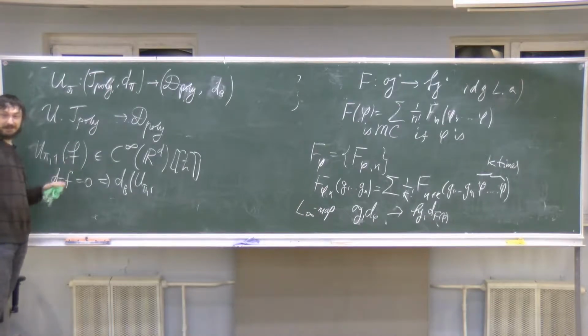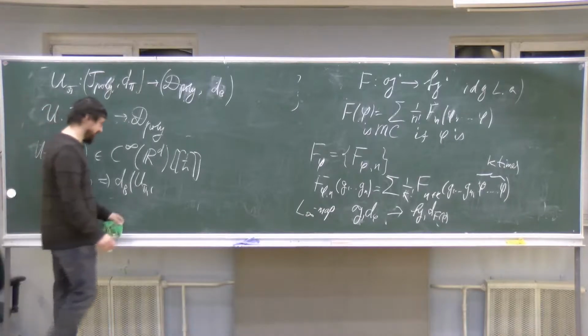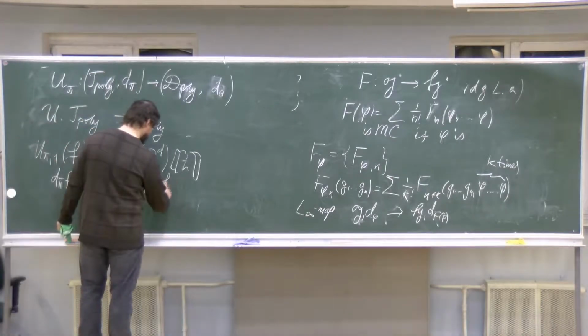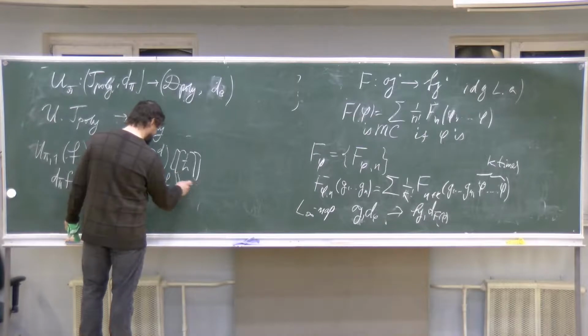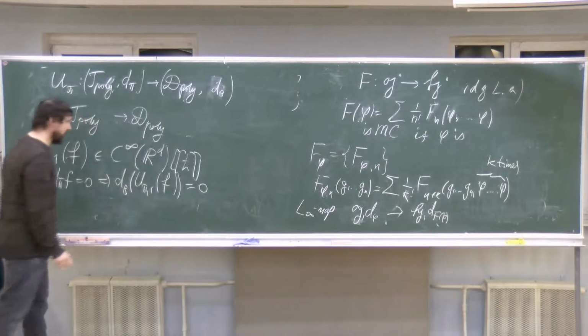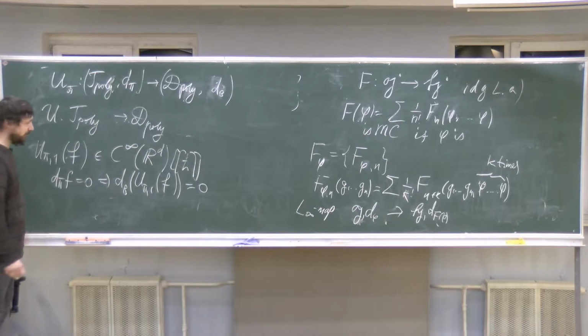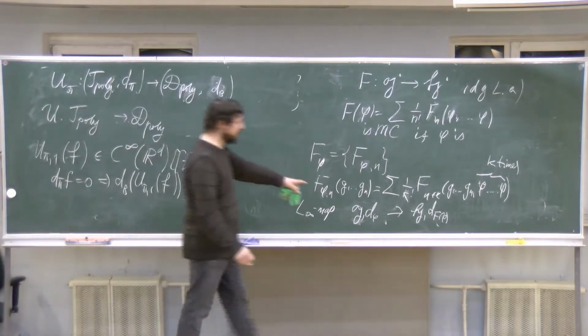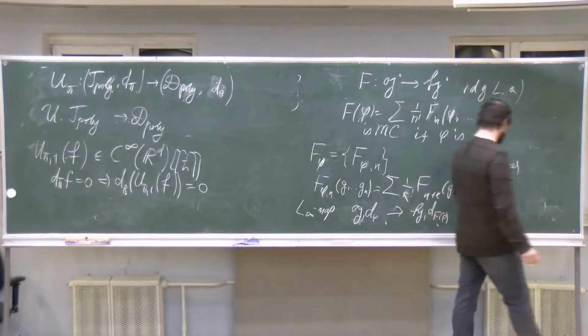This is a polyvector in the sense of having zero vectors inside, but it's also a polyvector. By this formula, you just substitute pi instead of phi, that's all.